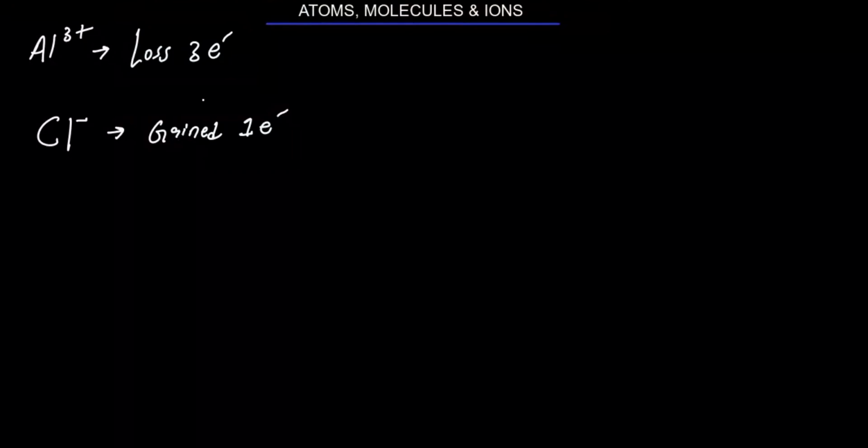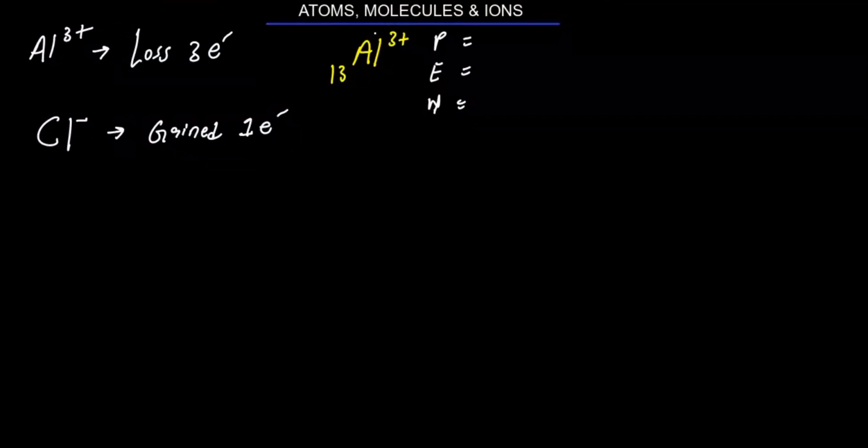Now, let's look at an example. Still using this, if I have Al3+, and you were given the atomic number to be 13, and I ask you to give me the number of protons, electrons, and neutrons, what will you give me? Firstly, like I said earlier, protons are not always lost.